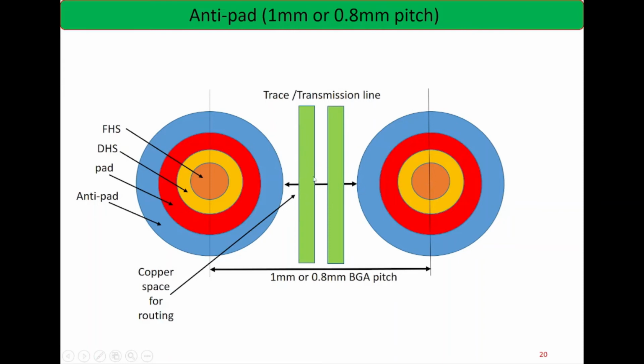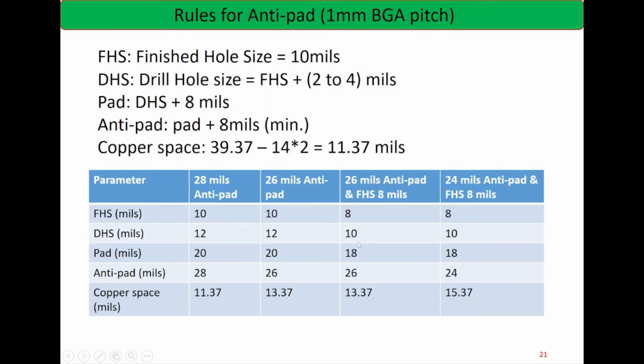So you have more spacing again. So this is the 28 mil anti-pad, and the 26 mil anti-pad with 10 FHS. Now I reduce the FHS size to make sure we have more copper spacing.